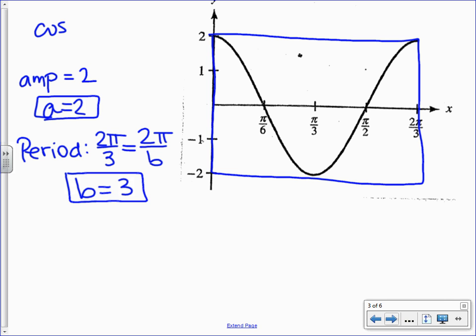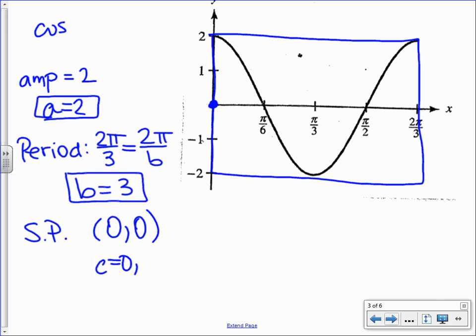Third thing, what's our starting point? Remember, our starting point is the starting point of our frame. Okay, so go to the left side of your frame and it's that middle point. Okay, for a cosine curve, that's not where the cosine starts. Okay, so our starting point is 0, 0. So what does that mean about C and D?